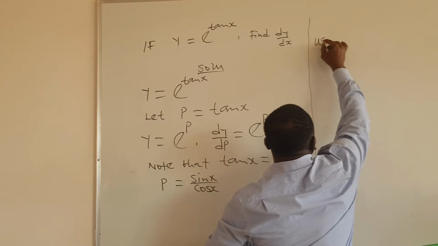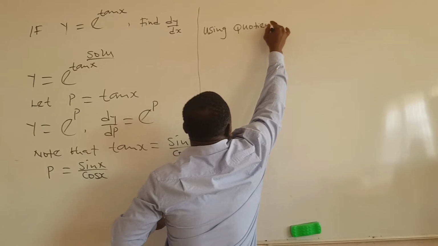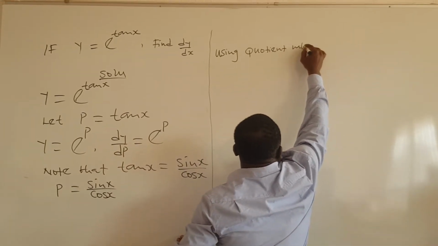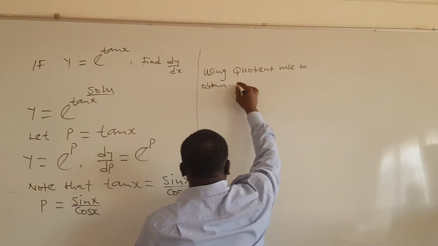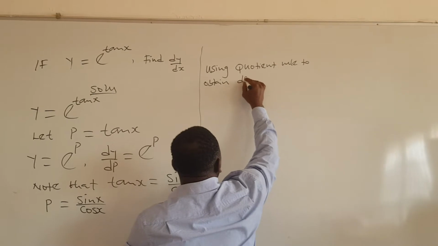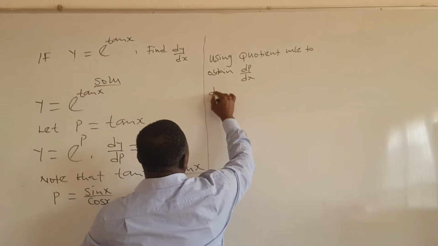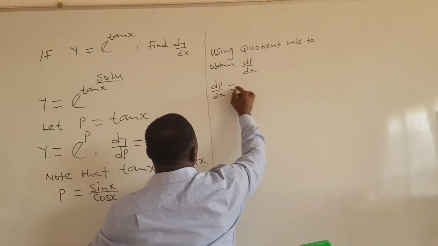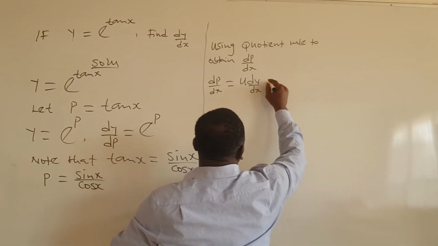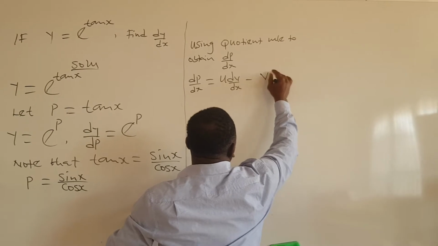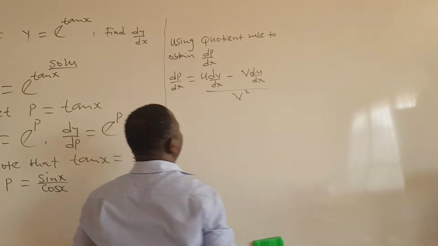So we now write: using the quotient rule to obtain our dP over dx. We now write dP over dx will give us u dv over dx minus v du over dx, all over v squared.